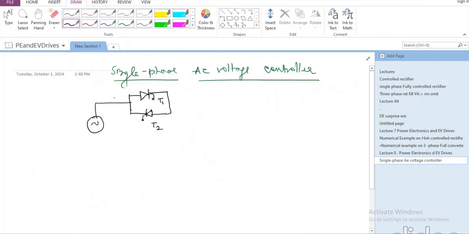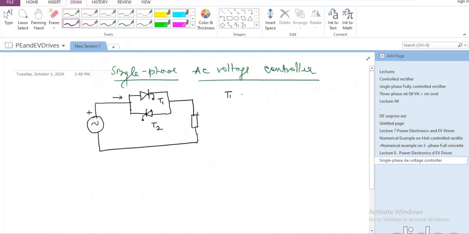So T1 will be able to conduct during the positive half cycle, if I call this the positive terminal during the positive half cycle, and here is the load that is being connected. And T2 is going to be ready for conducting during the negative half cycle, provided a gate pulse is given at the appropriate instant. So this is the arrangement for the AC voltage controller.